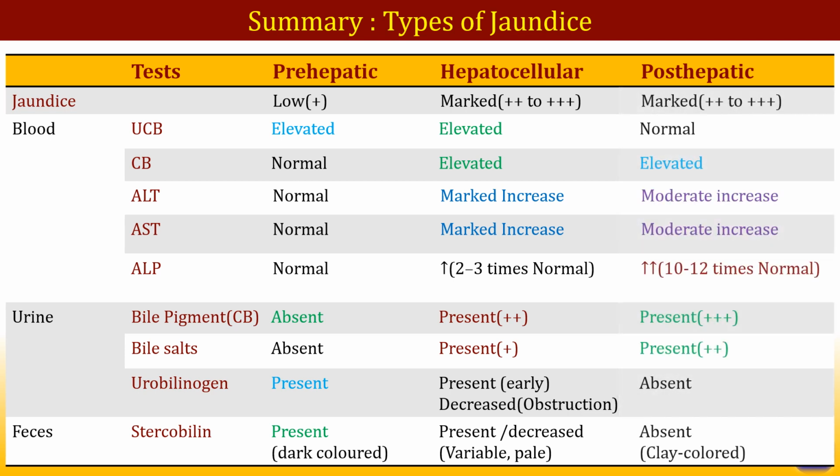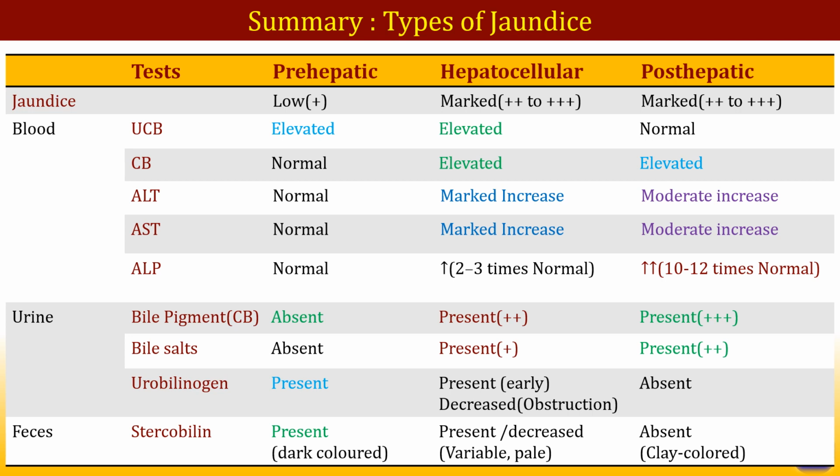Now post-hepatic, the third one. The jaundice will be marked in this condition. There is obstruction, so the unconjugated bilirubin will be normal and the conjugated bilirubin will be more. The increase in ALT and AST will be moderate, but the increase in alkaline phosphatase will be more.